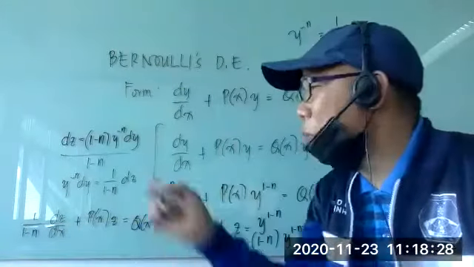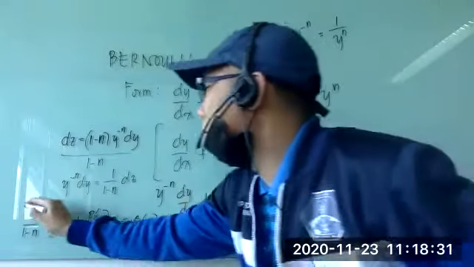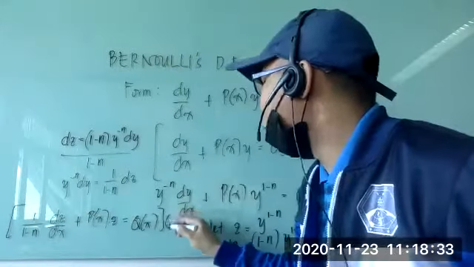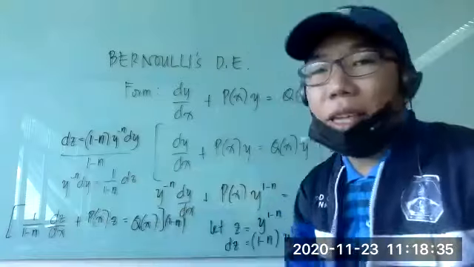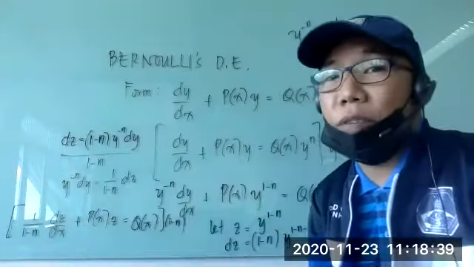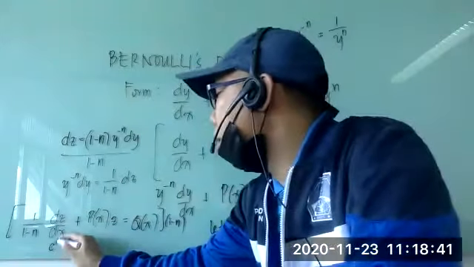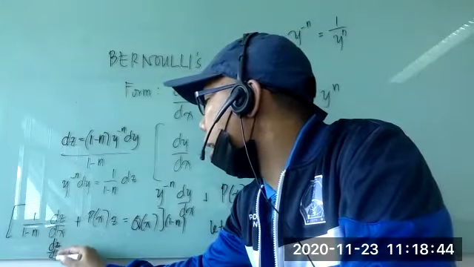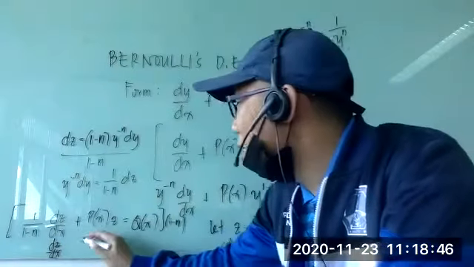So gagawin lang natin is we multiply both sides by 1 minus n para maging linear siya. Kasi dapat yung coefficient ni dz over dx dyan is positive 1. So this will be dz over dx. I hope kita pa yan.